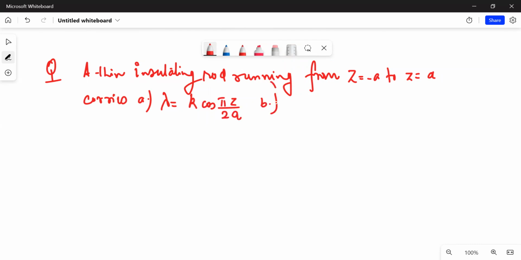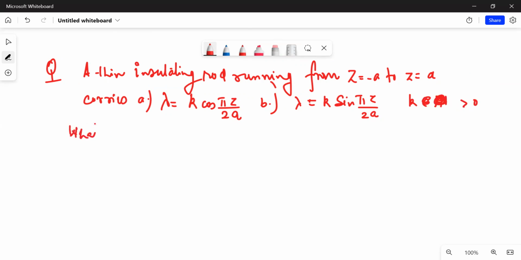और ऑप्शन नंबर बी ले लो, और एक ऑप्शन, k times sin pi z upon 2a. Here k is a positive constant. K belongs to, let's say, natural number. चलो positive constant लिखो, k is greater than 0. ठीक है.